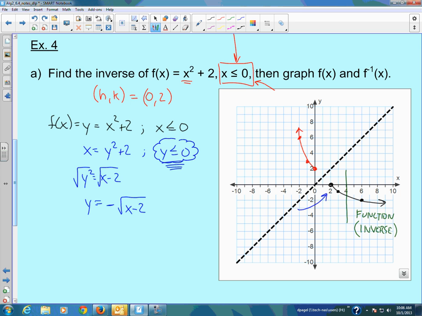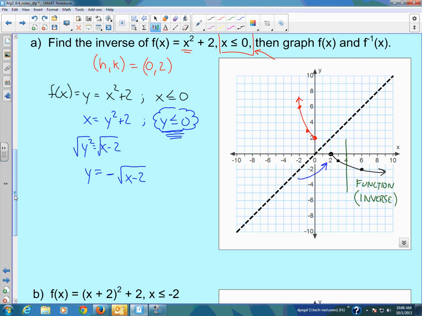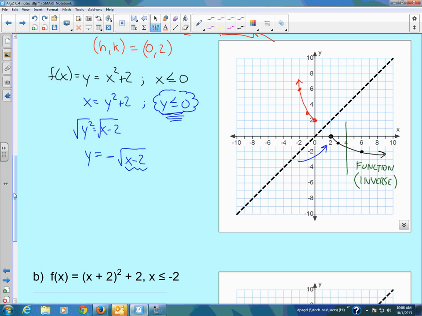Now we're not quite done, because even though we come up with the equation, underneath the radicand of our radical, we have to show what those limits of x can be. We have to restrict those domains as well. Physically looking at the graph, I can see that everything on that black graph has x values greater than or equal to 2.